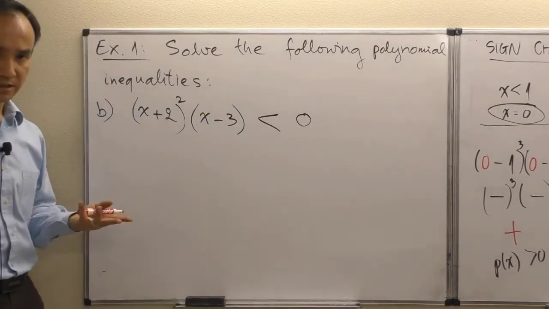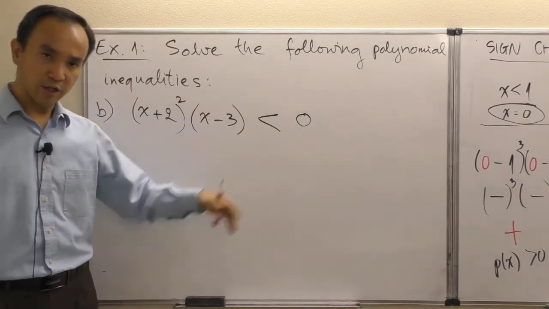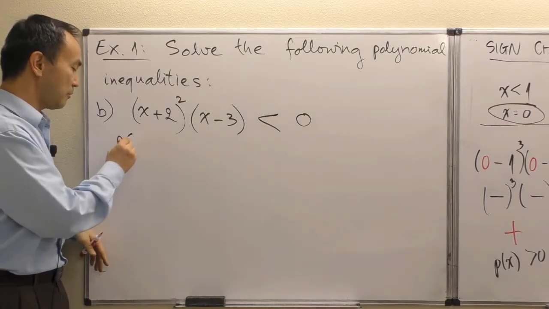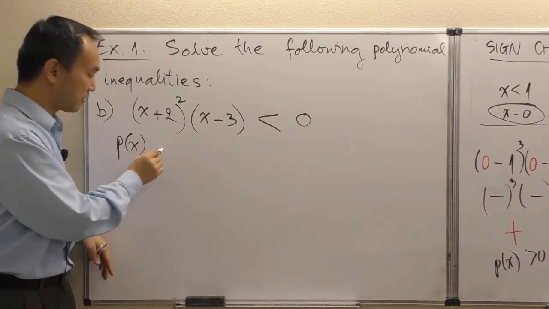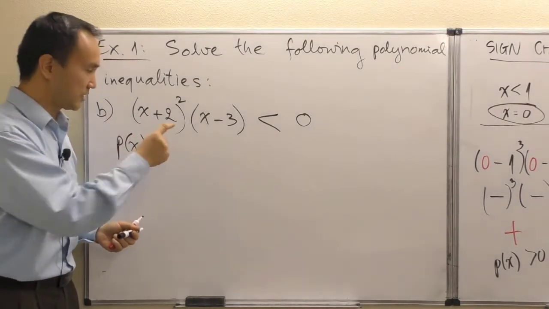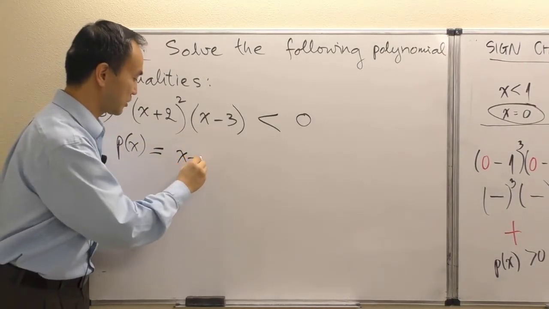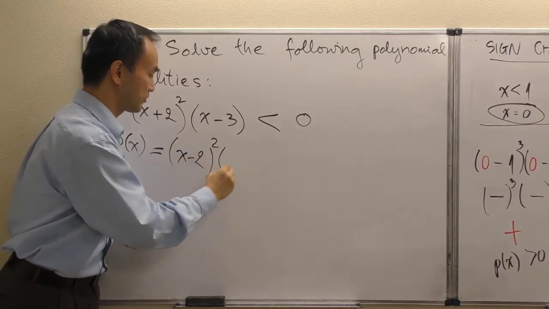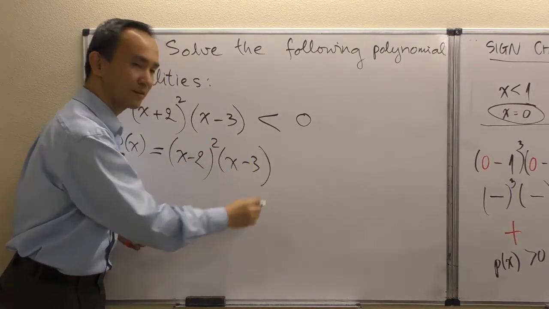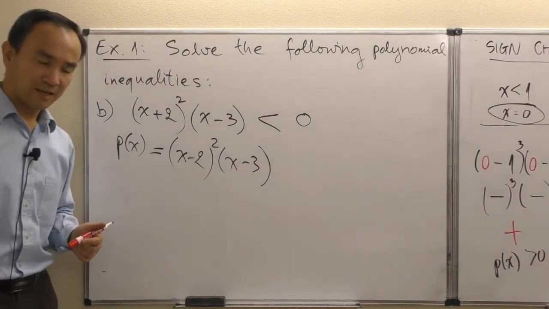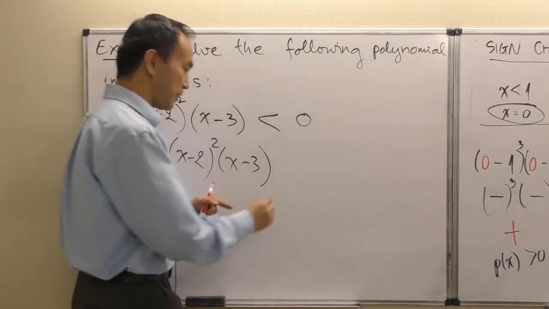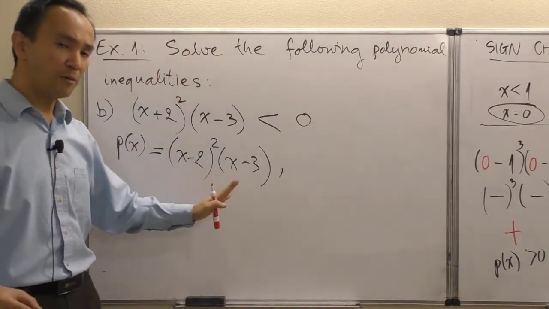So it's a polynomial inequality. Our polynomial here, good news, is already in factor form. It's that x plus 2 all squared times x minus 3.